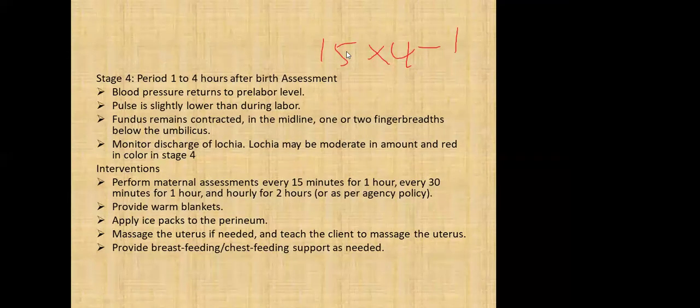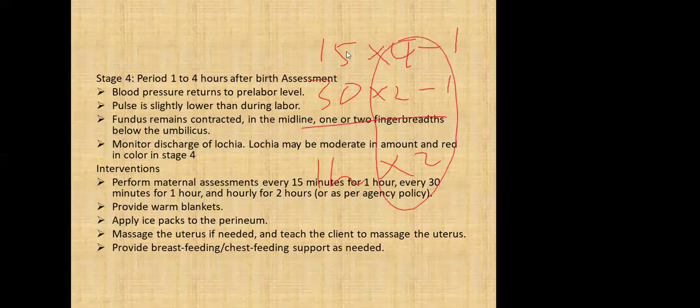Then the second hour, you do a 30-minute assessment, that will be 2, and that will give you 2 hours. Then the last 2 hours, you do assessment every 1 hour, so that will be 2. And so in all, you do 8 assessments within the 4 hours. So every 15 minutes, then every 30 minutes, then hourly. I hope you get me.